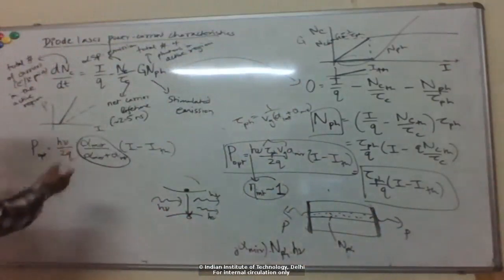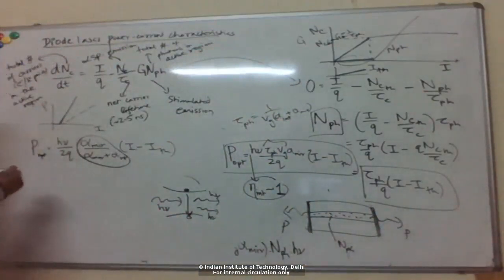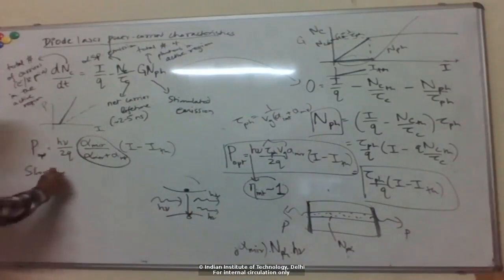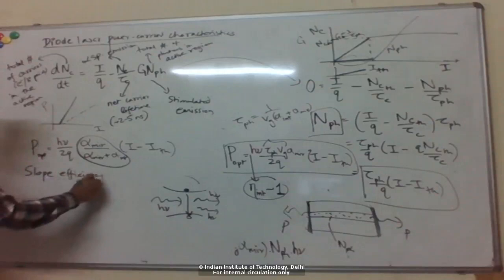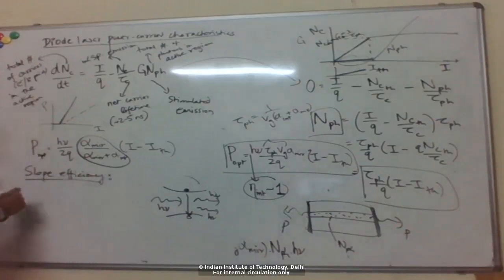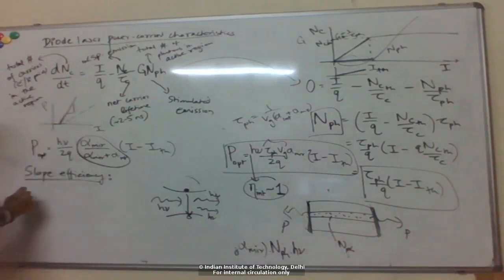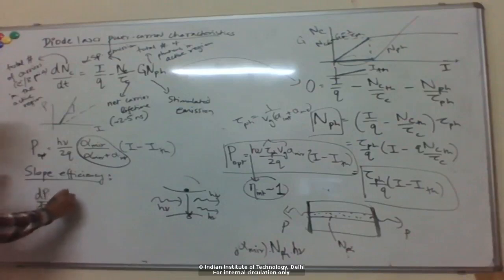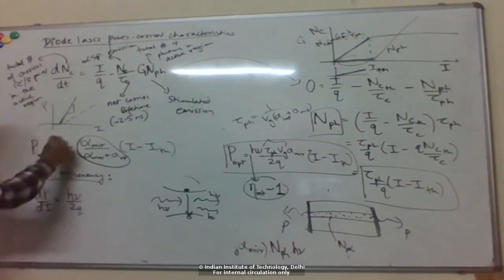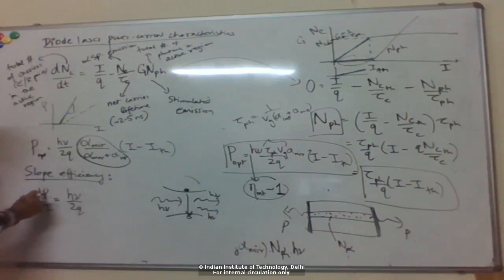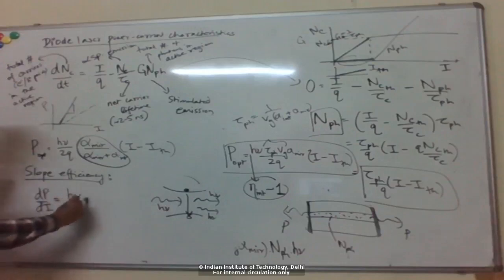Just like LEDs, we can define some efficiencies here. For example, we can define a slope efficiency, which is basically the slope here, dP by dI. This is some factor depending on the photon energy and the electronic charge. The power is proportional to the photon energy, and the current is proportional to electronic charge. So I keep those, and then have this eta d.